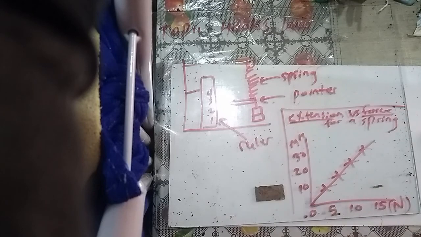When you do the experiment and plot those graphs, you should get a straight line graph if you never stretch the spring beyond its limit. So that is the setup, and you will be doing this for a lab. Get well acquainted with it. That is how you test for Hooke's law.